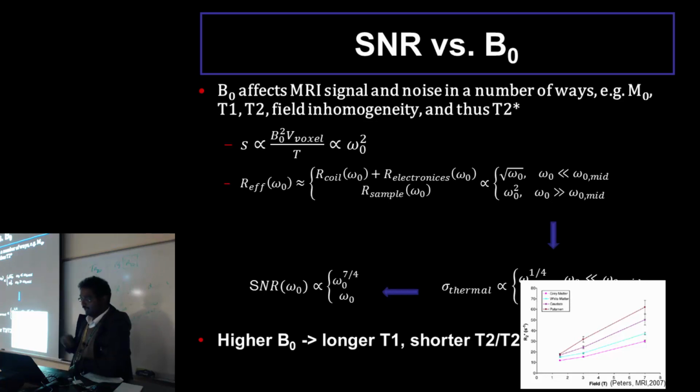We'll see how that helps you in terms of your imaging experiments, or how that creates a problem for you in the imaging experiments as well. But essentially these are the simultaneous effects that are happening as a function of field strength, and you want to keep these in mind when you do your imaging experiments, to make sure that you're not losing too much in terms of your signal to noise ratio.